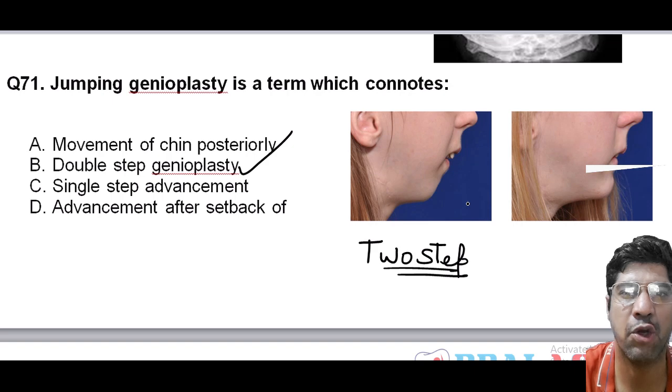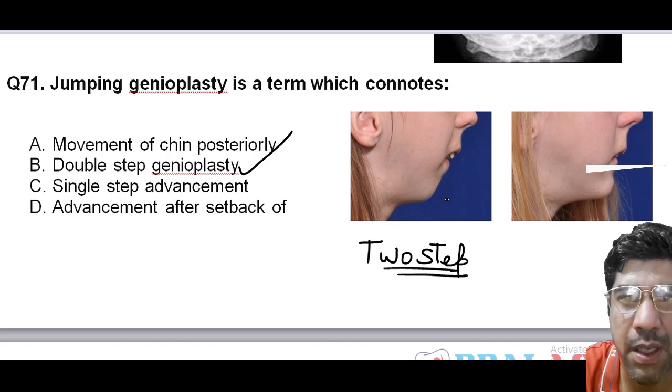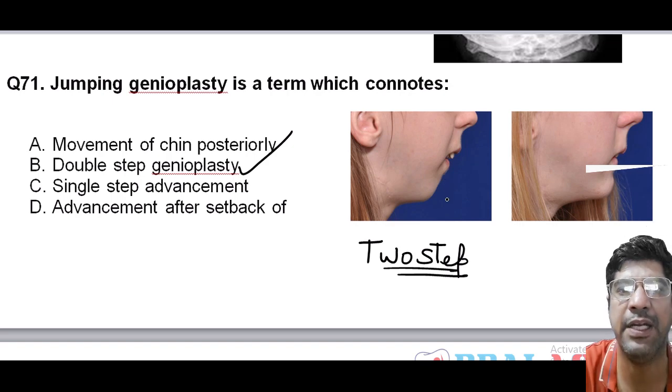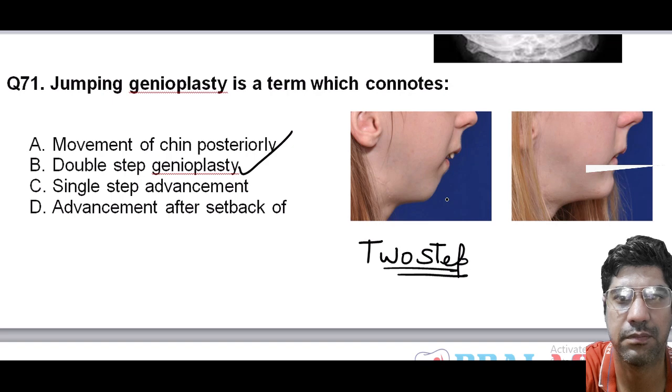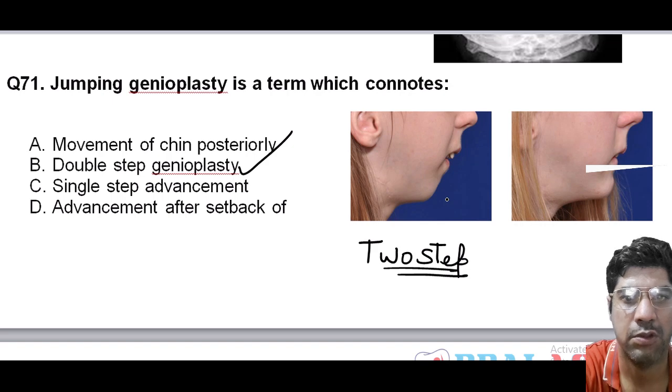In jumping genioplasty, what we do is we divide or cut the chin into two segments and then move them separately to achieve more advancement or lengthening of the chin.